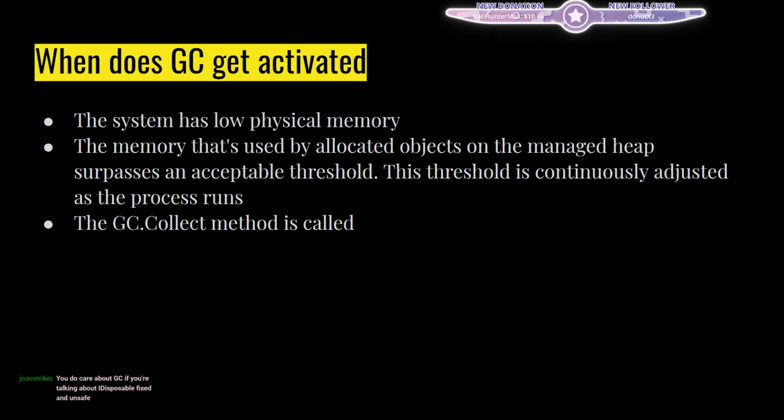There is a certain memory threshold that also is being adjusted based on process lifetime, and it will eventually be hit by garbage collector. It will trigger when it passes that threshold, and sometimes you can call that method yourself manually, but that is not recommended.